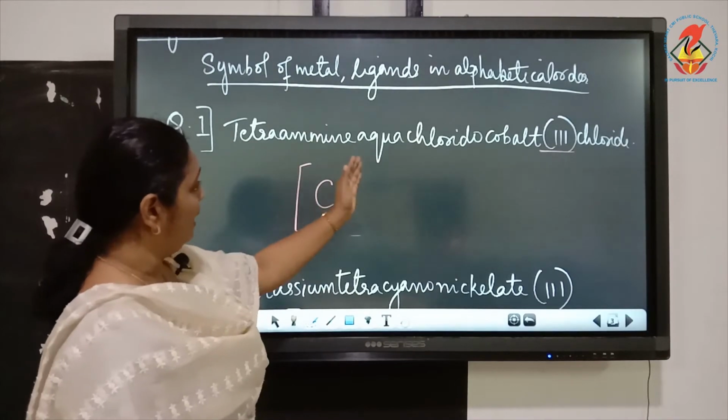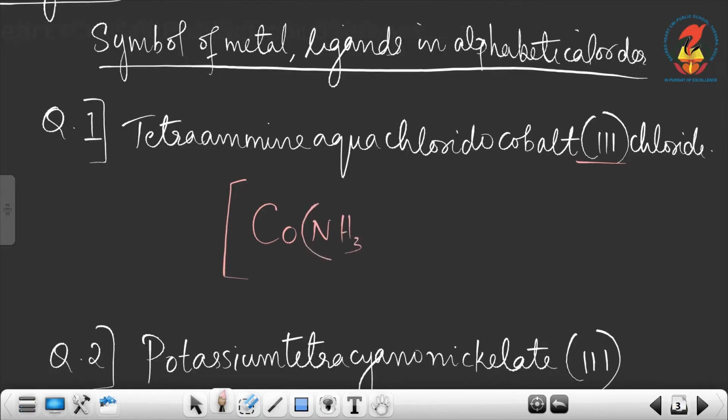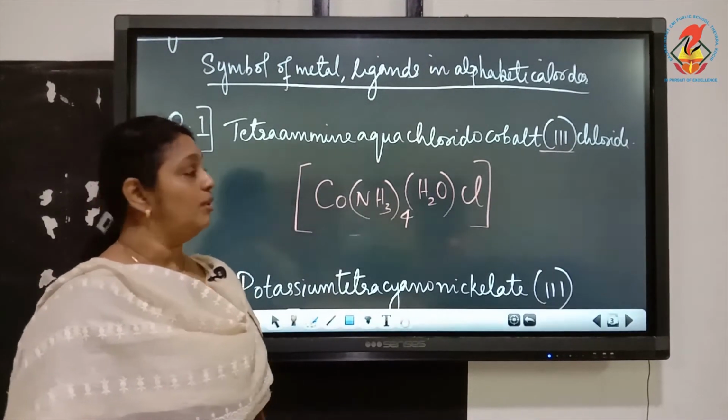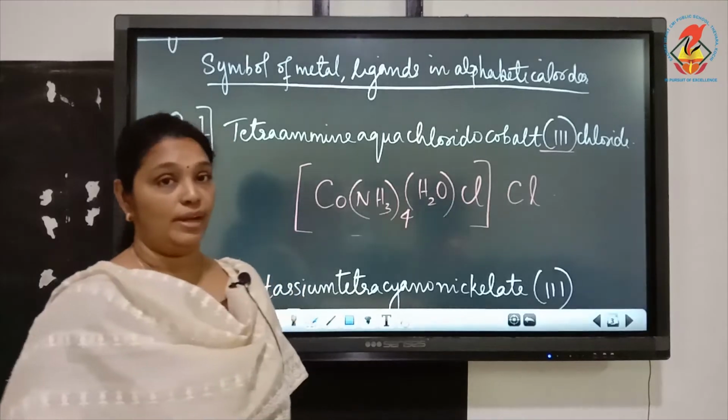So, amine, aqua, chlorido. Tetraamine means NH3 4 times, aqua H2O, chlorido Cl. Now, no more ligands. So, the coordination entity is over. Now, the counter ion is chloride. So, I will write Cl outside the square bracket.